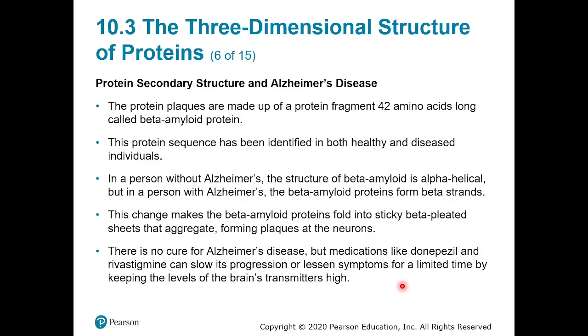Okay. And so right now there is no cure for Alzheimer's disease. There are medications that can have some degree of effectiveness on it. They can slow its progression, lessen symptoms, and counteract some of the side effects by making the brain's transmitters run at a higher function.